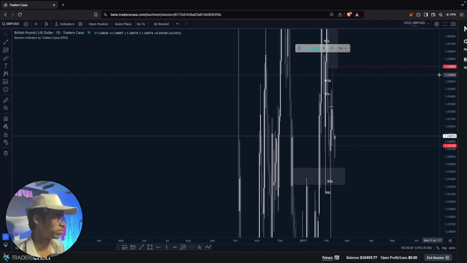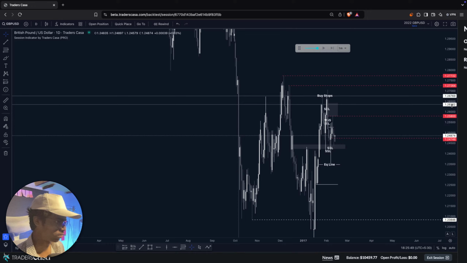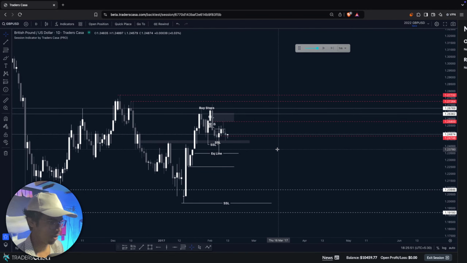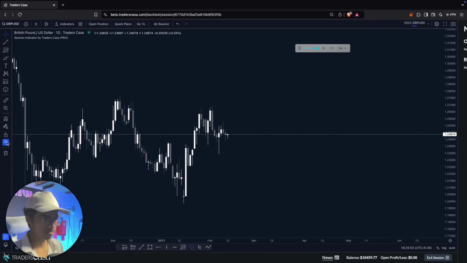Let me save this out. Now think about this. In my opinion, the drawn liquidity should be the buy side.